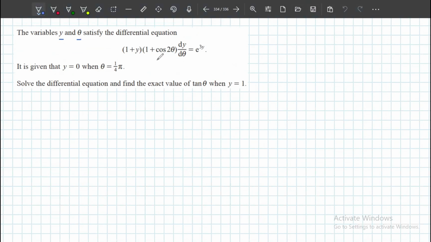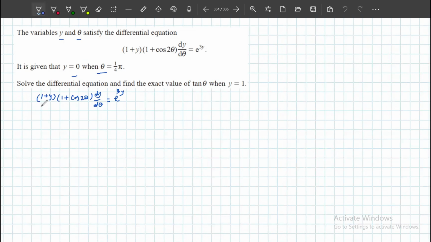Next question: the variables y and theta satisfy the differential equation. Again, first of all, we will separate the differential equation and then apply integration to find the value of c by applying y equal to 0 and theta equal to pi over 4. So we start with 1 plus y, 1 plus cos 2 theta, dy over d theta is equal to e power 3y.